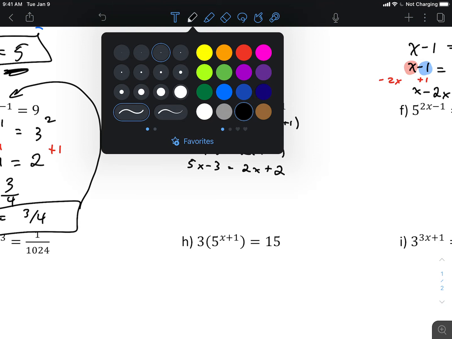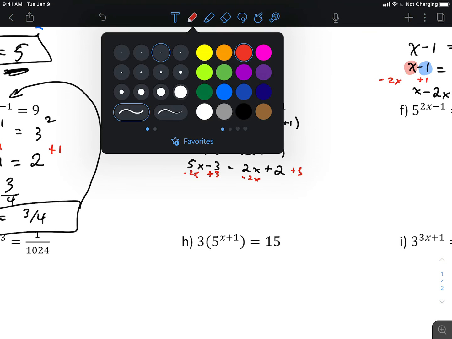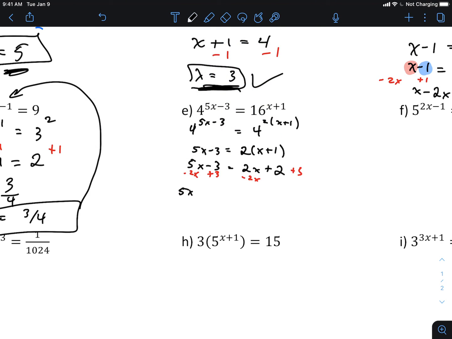So to do that, I can add 3 to both sides, and I can take away 2 x's from both sides. And my next line would look like this. 5x, take away 2 x's, has to equal 2 plus 3. 5 take away 2 would be 3 x's, has to equal 5.